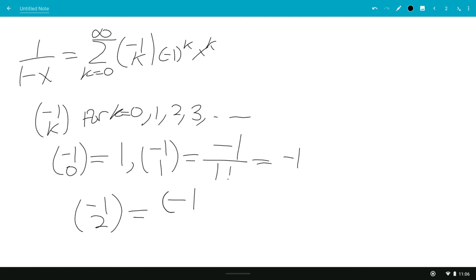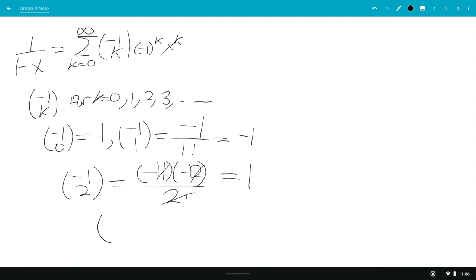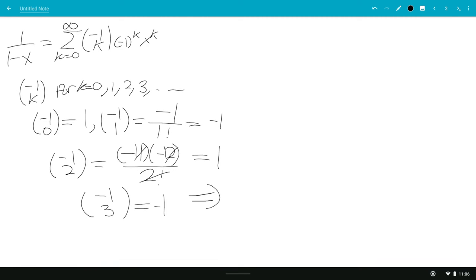We want 2 terms here over 2 factorial. So this and one of these terms cancel, so negative 1 times negative 1 is 1. And you can keep doing this, so this will be negative 1. So meaning negative 1 choose k is basically negative 1 to the k. So if we look at 0, it would be 1. Look at 1, it would be negative 1.